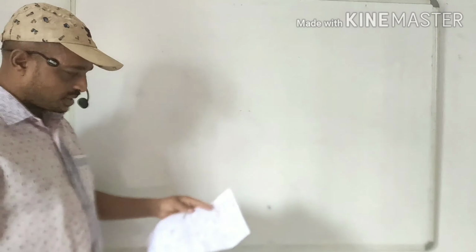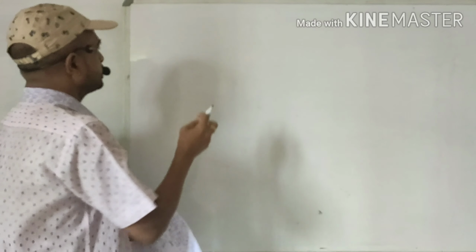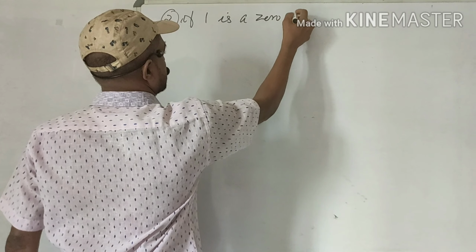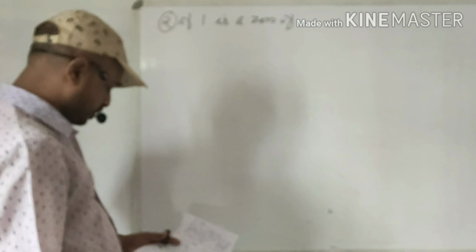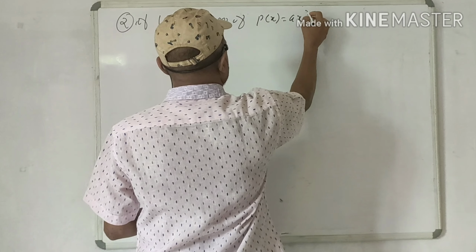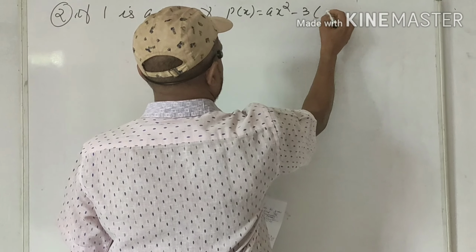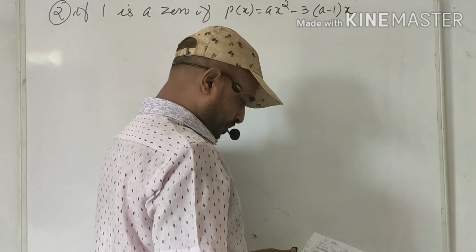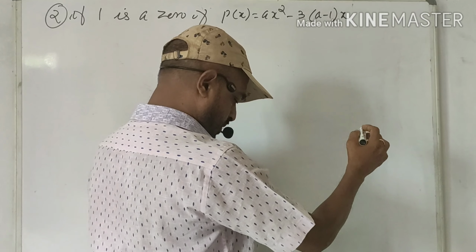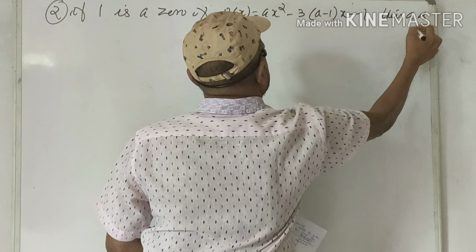See, the second question is, if 1 is a 0 of the polynomial p of x is equal to ax square minus 3 into a minus 1 x minus 1, then a is dash.